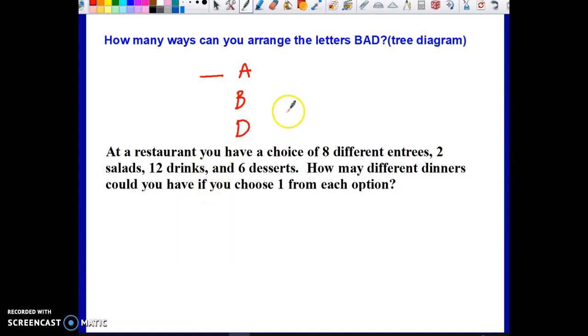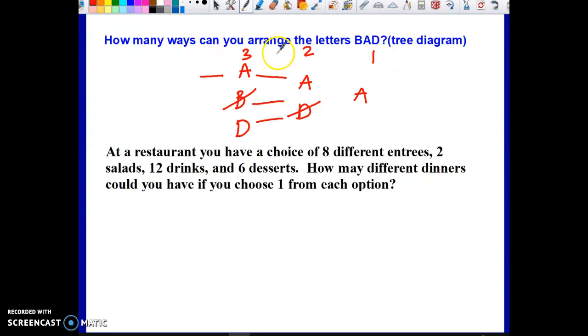Then from there, depending on what I choose, how many choices do I have? Let's say I chose B the first time. Then now I only have to choose A or D. Let's say I chose D second, and now I just have A. So that is the idea here, I go from having 3 choices to 2 choices to 1 choice.